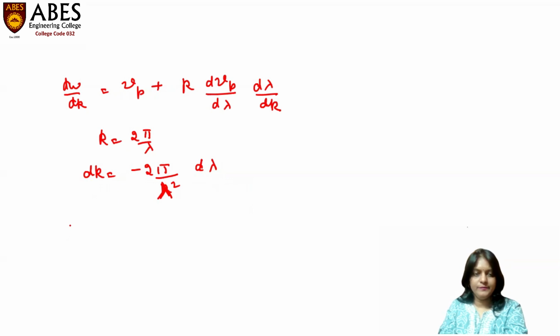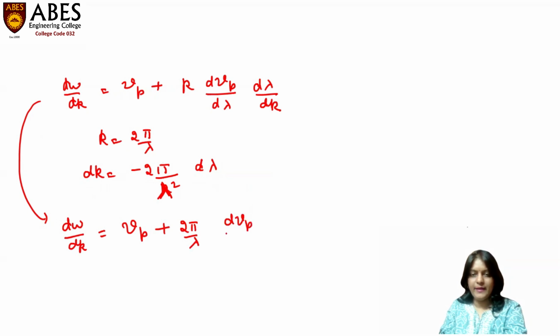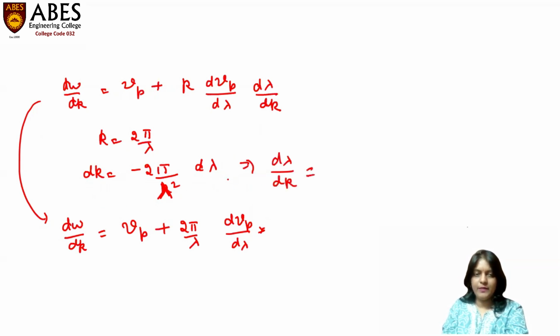So this equation becomes d omega by dk equal to Vp plus k, which is 2 pi by lambda, dVp by d lambda, and in place of d lambda by dk it becomes minus lambda square upon 2 pi. I'm going to put this value here, minus lambda square upon 2 pi. 2 pi cancels out.